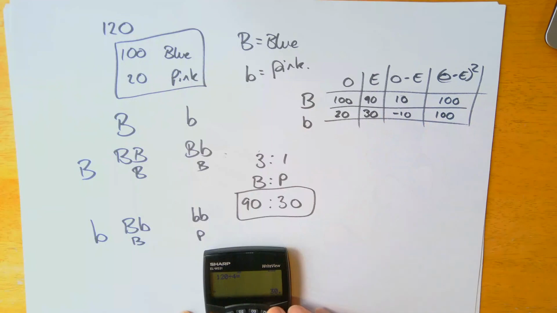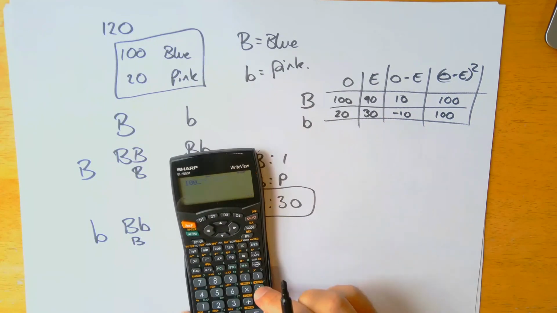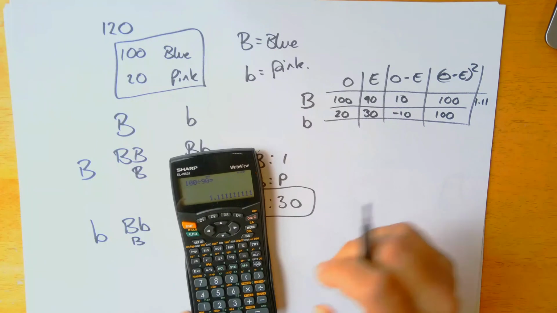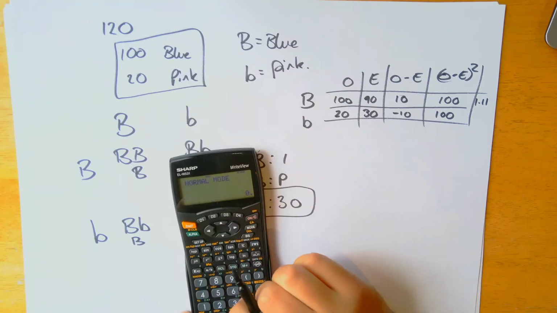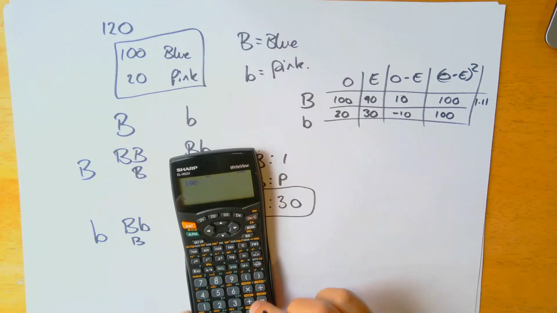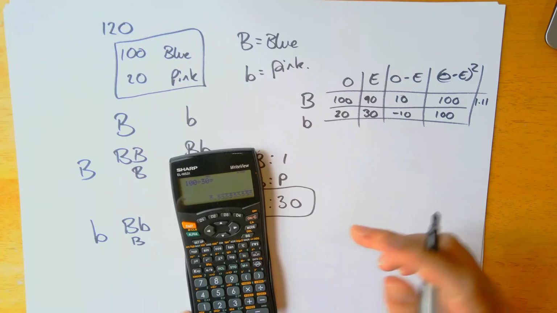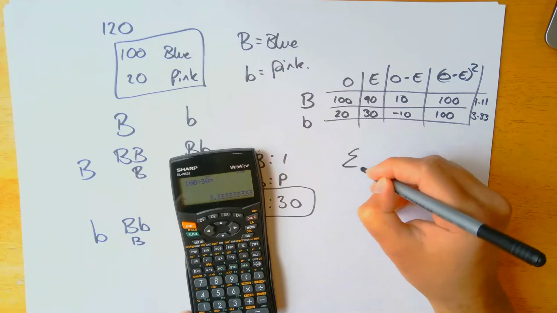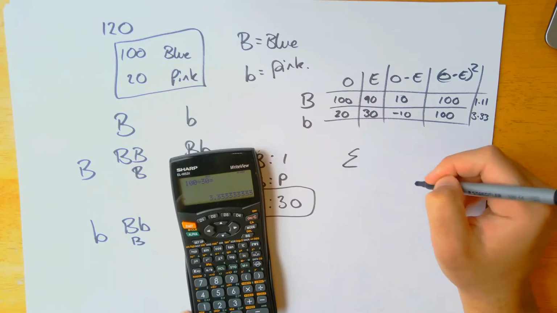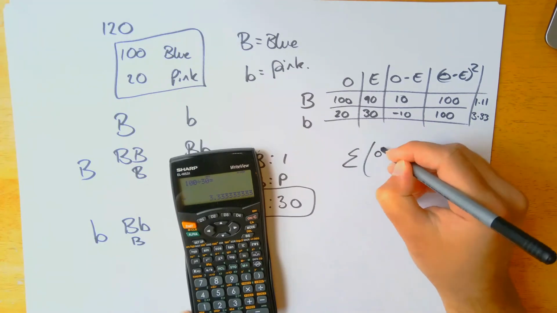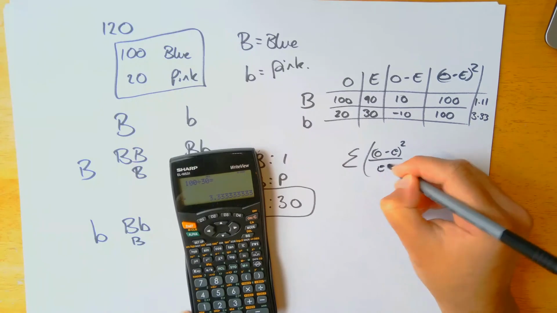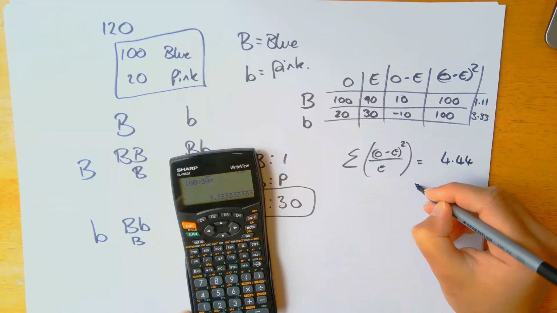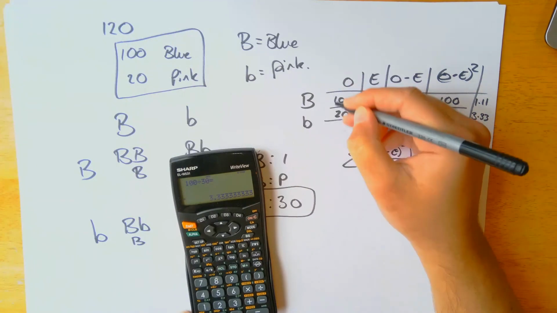100 divided by 90, 1.11, and 100 divided by 30, 3.33. So the sum of those two will give me my chi-squared of O minus E squared over E. That will give me 4.44 as my chi-squared value with 1 degree of freedom, because there's 2 categories.